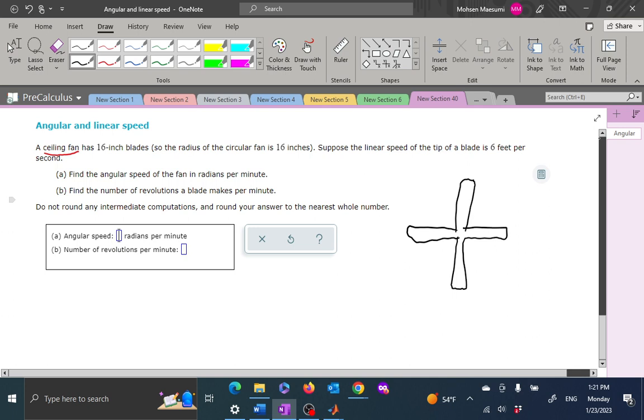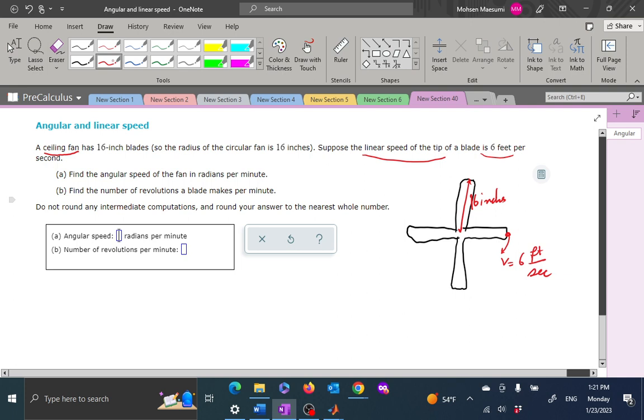So it has 16-inch blades. The linear speed at the tip of the blade is 6 feet per second. So if I take this point and see how fast it is moving, that turns out to be 6 feet per second.